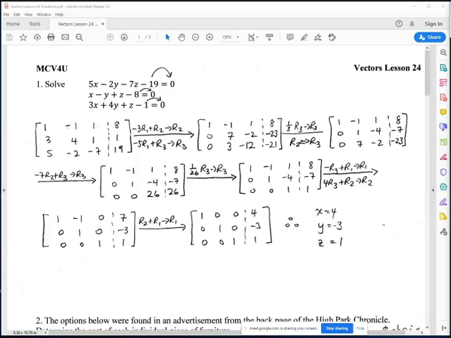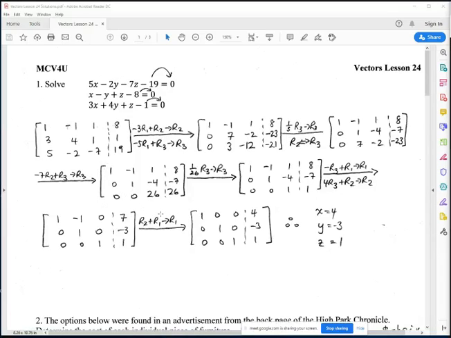So in the end, what you have to remember is that this is your setup for doing much larger matrices. And when you're working with much larger matrices, you really do want to follow the pattern of getting that triangle of zeros.